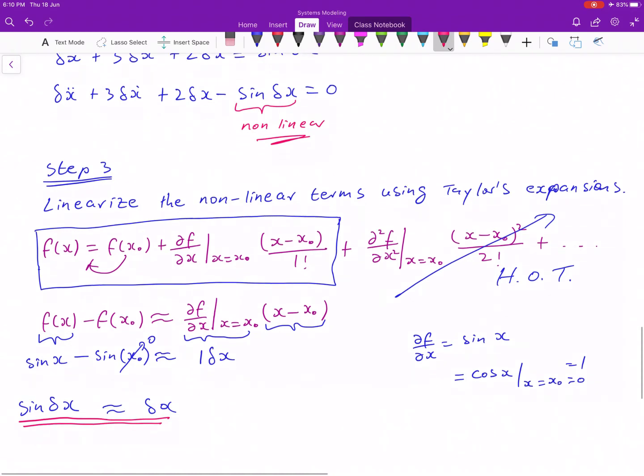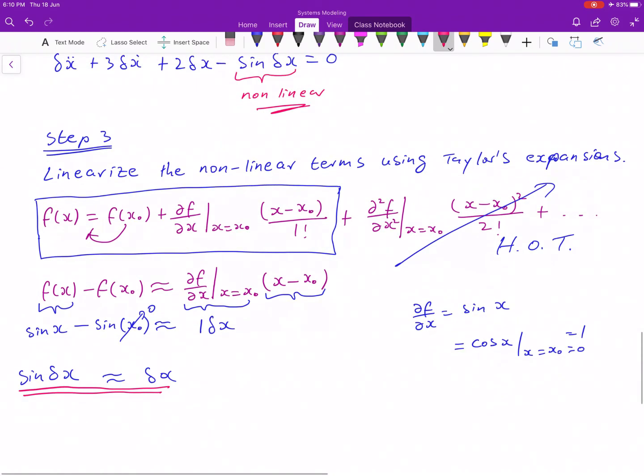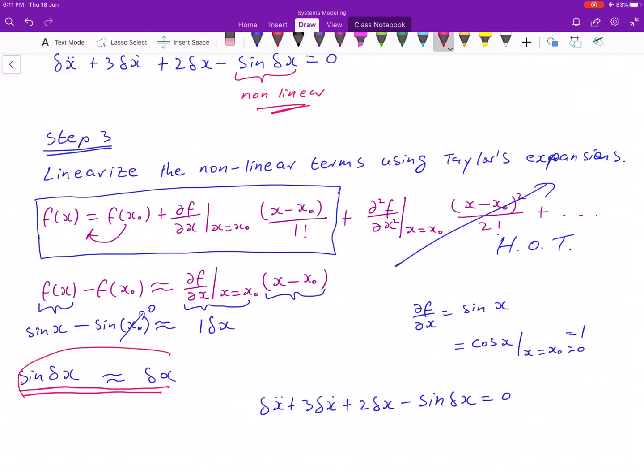Let's rewrite that equation again. We had delta x double dot plus 3 delta x dot plus 2 delta x minus sine delta x equal to 0. So we want to substitute this into there.